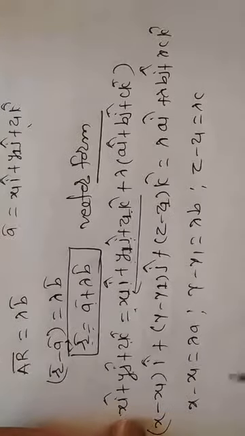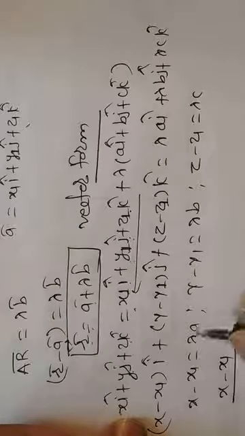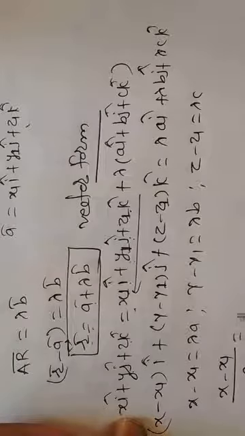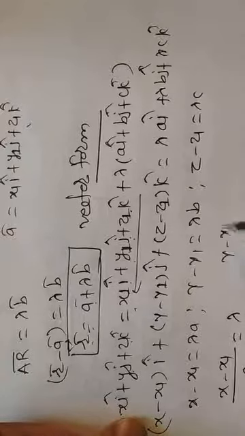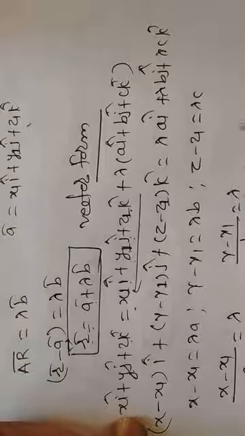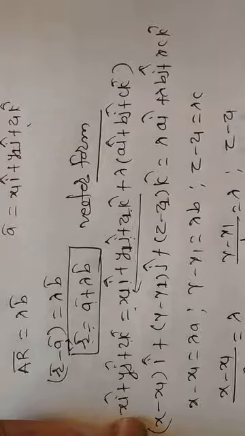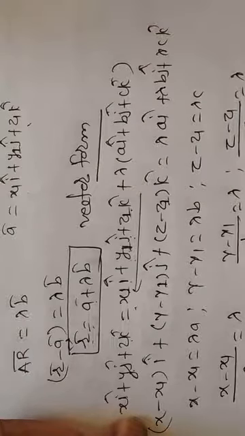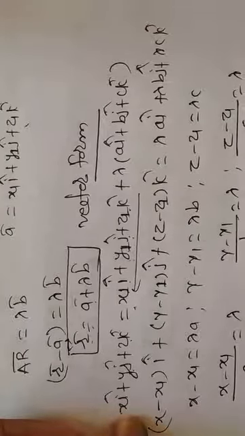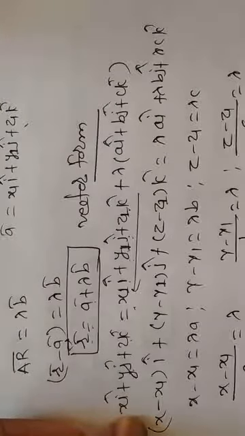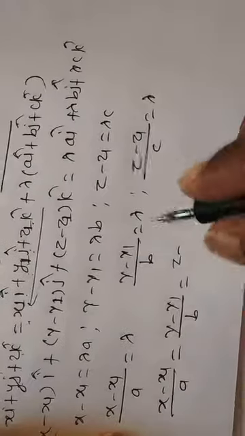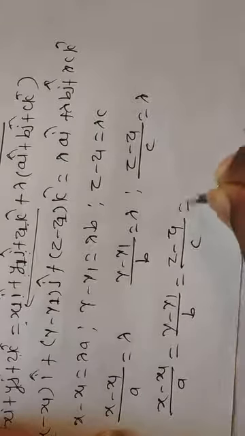Then we can write x minus x1 upon a is equal to lambda, y minus y1 upon b is equal to lambda, and z minus z1 upon c is equal to lambda. So x minus x1 by a is equal to y minus y1 by b is equal to z minus z1 by c, which is equal to lambda.